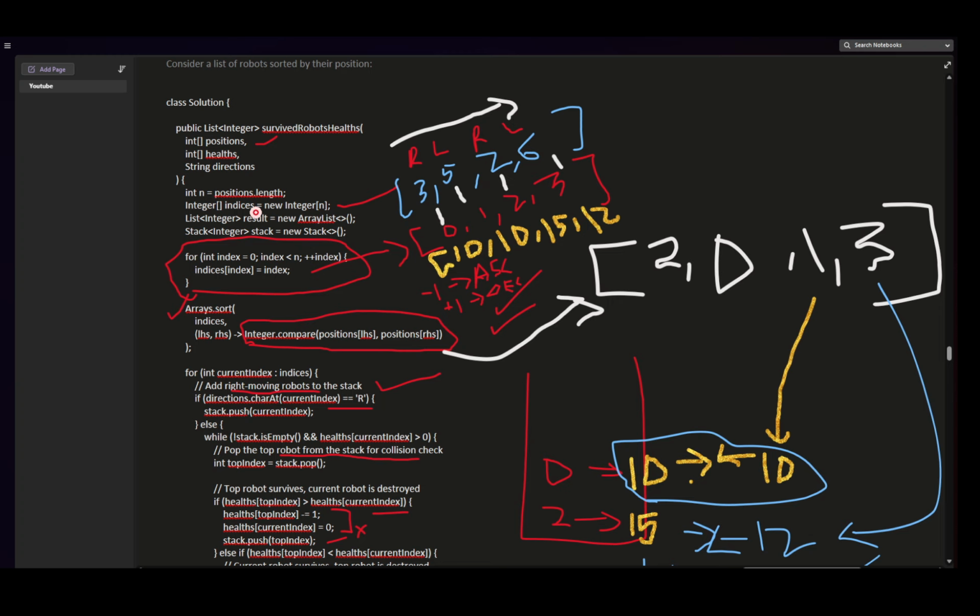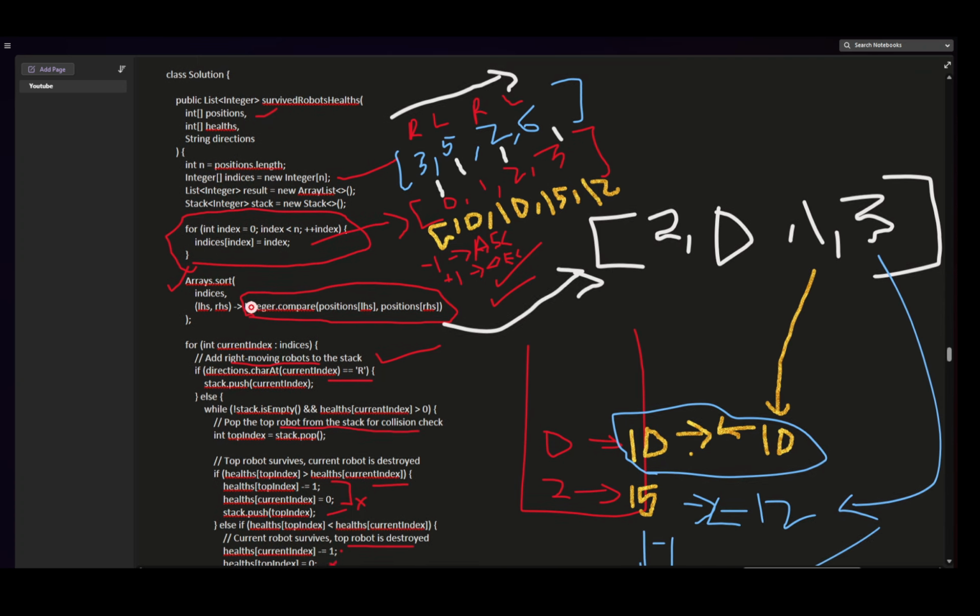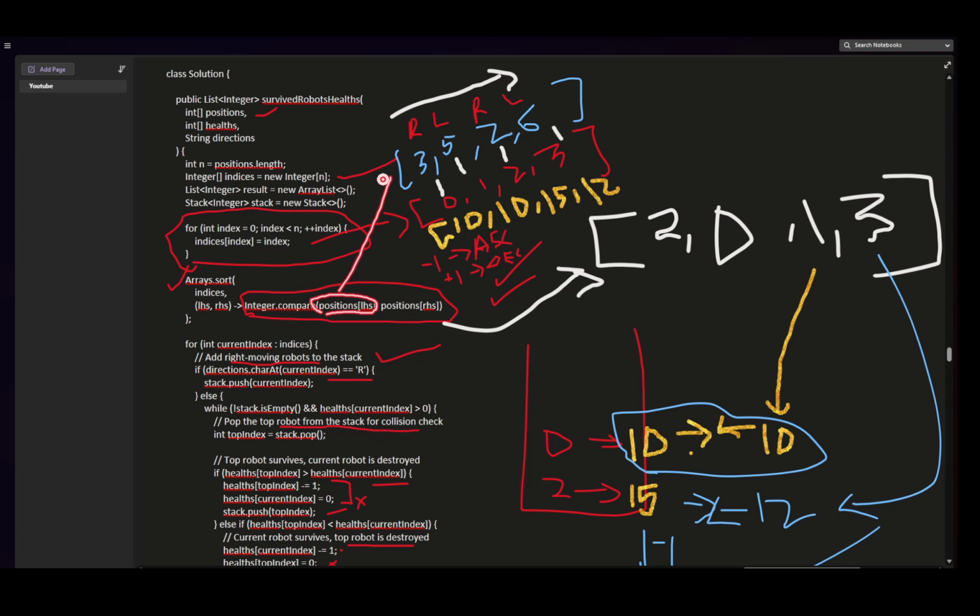Because we have to sort in ascending order based on their positions, so the index array will store that. We simply start from zero till the number of robots we have, and add the respective index to it. Once we have added that, we sort the index array based on the comparator we are providing, based on the position, their relative order. We have to sort that.